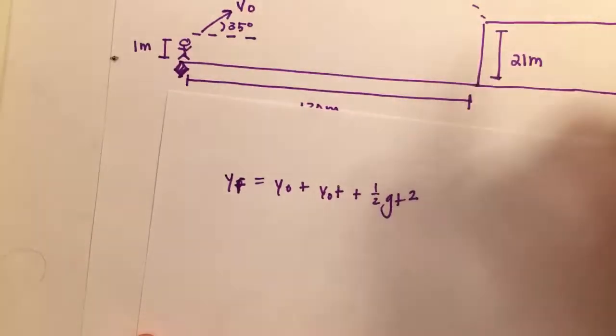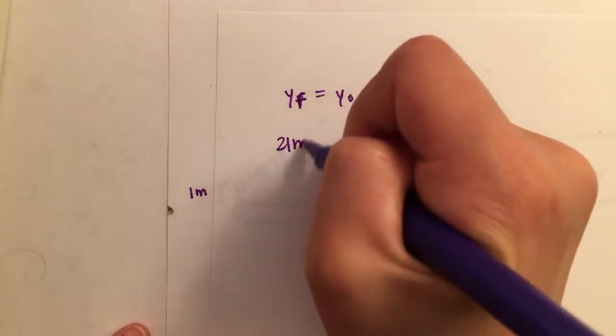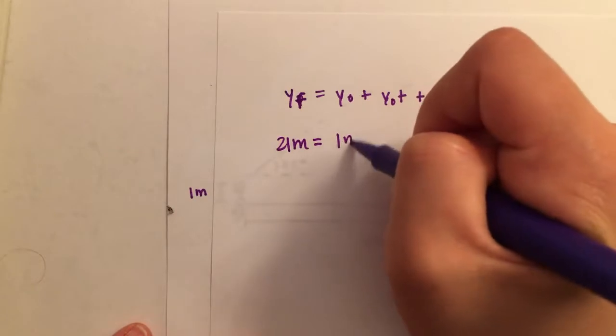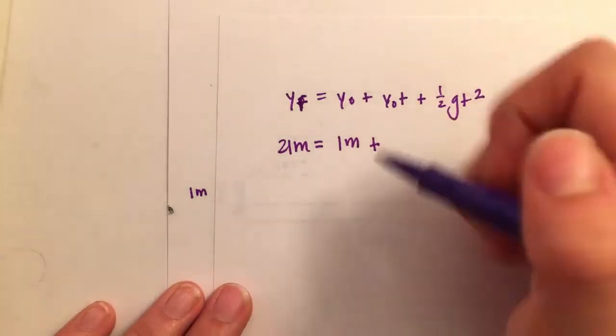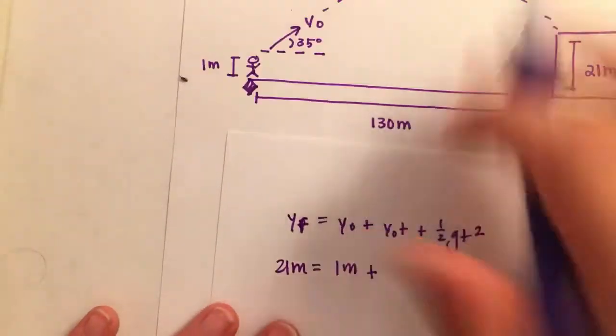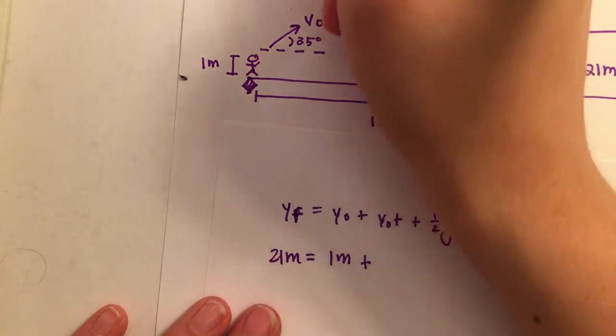Since the baseball just clears the top of the bleachers, we can assume y final is 21 meters. It starts at 1 meter high, so 1 meter plus the initial velocity. Since we're doing this in the y direction, we want to split up this initial velocity into its x and y components.